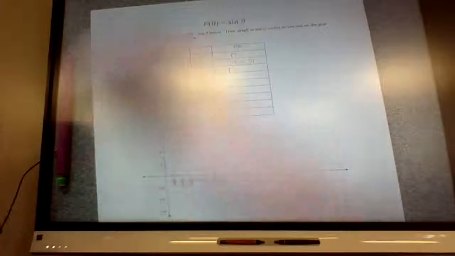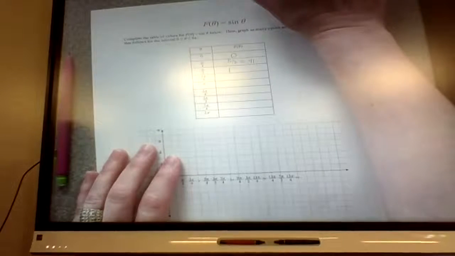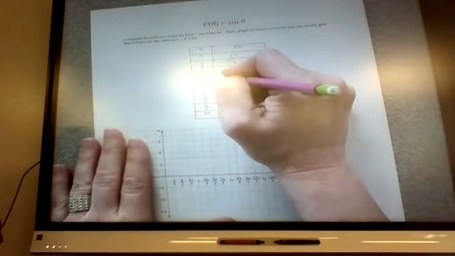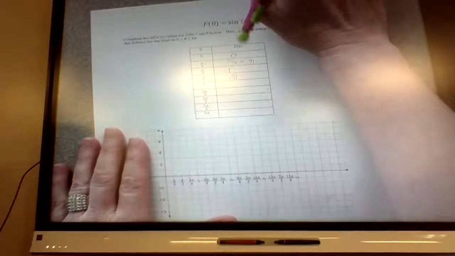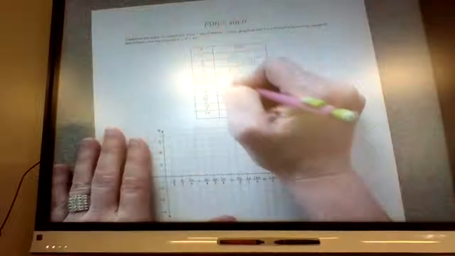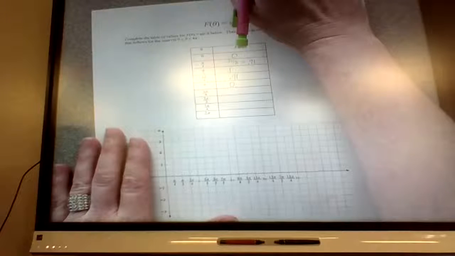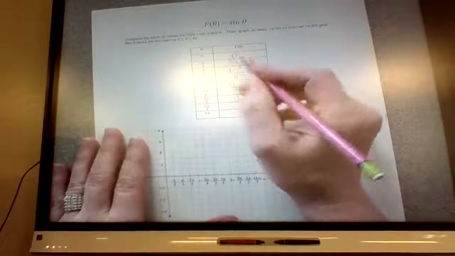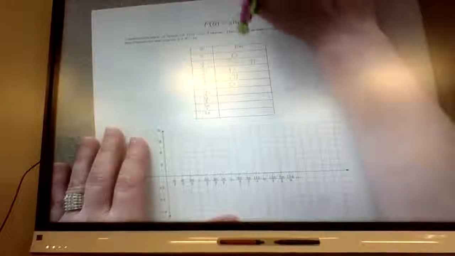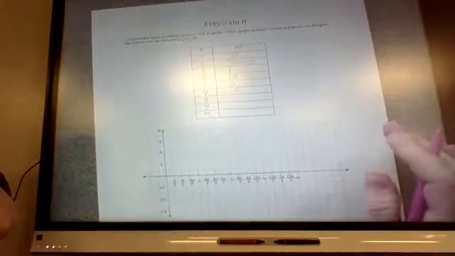That one was 0.71 also, right? This one? Yeah. And 0 again. Negative. -1.